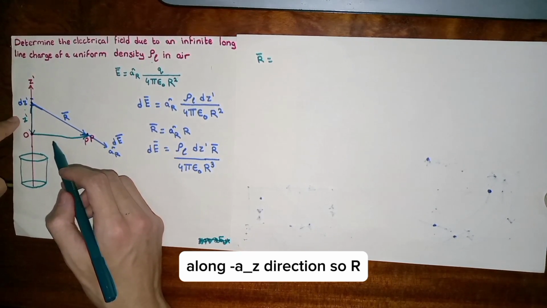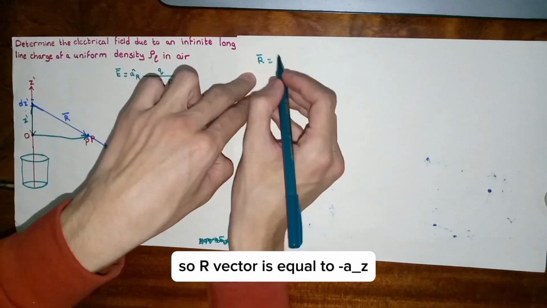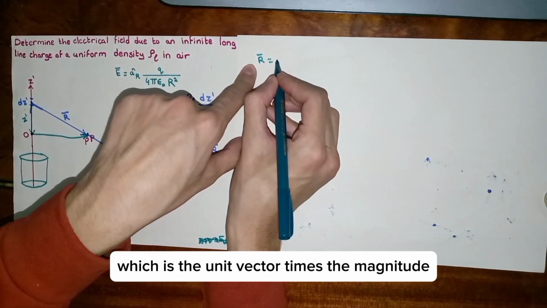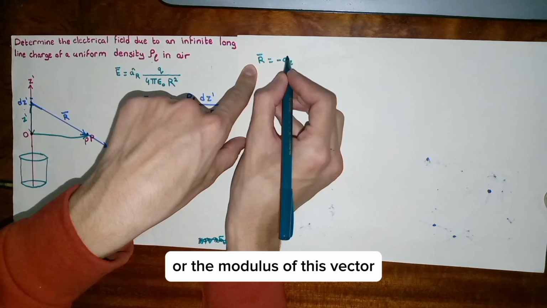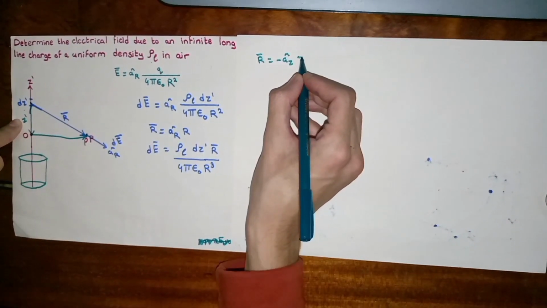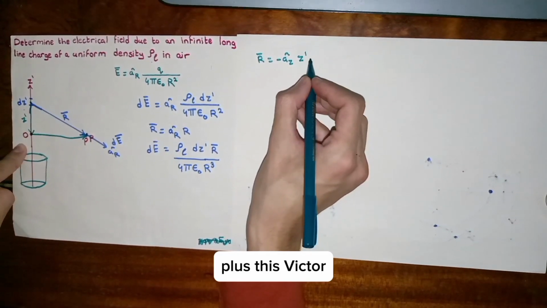So the R vector is equal to minus a sub z, which is the unit vector, times the magnitude of this vector, which is z prime. Now plus this vector.